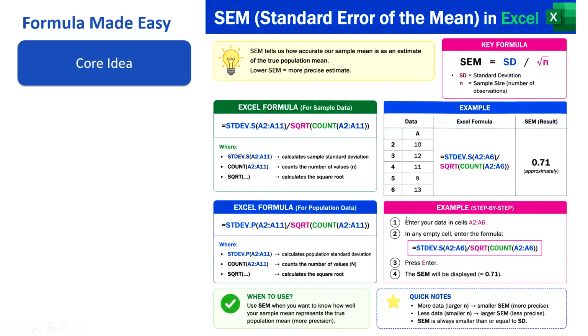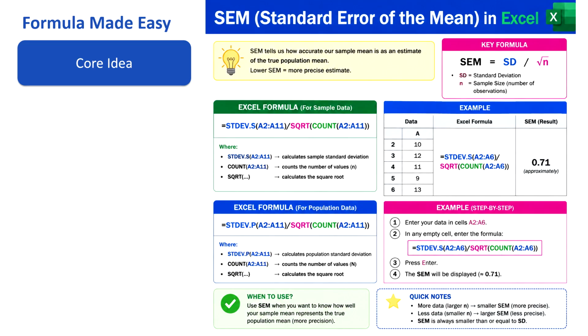And most of the time nowadays, we are using software where we don't need to put the formula. But anyway, if you need the formula, you can use the formula that is mentioned in the slide.